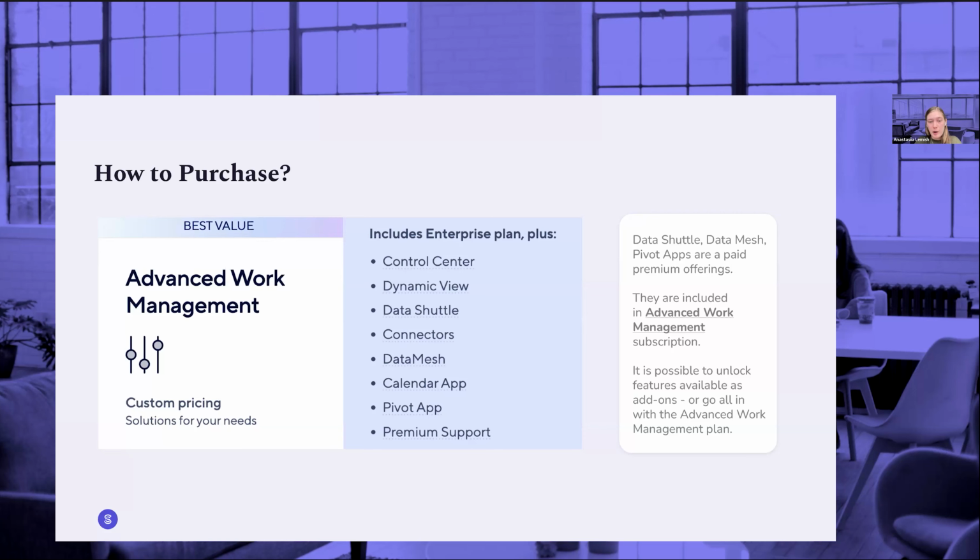However, there is a flexible part as well: you don't really need to go all in. If you need, for example, 1 or 2 of these add-ons, these tools, you can unlock them individually. So yeah, it's possible to unlock these features individually outside of Advanced Work Management.